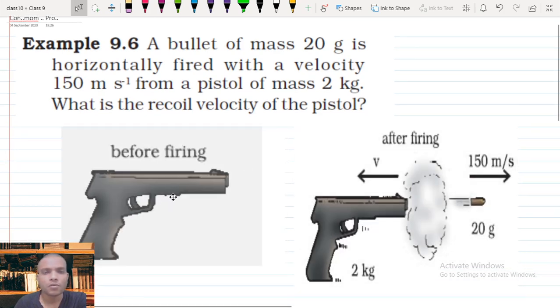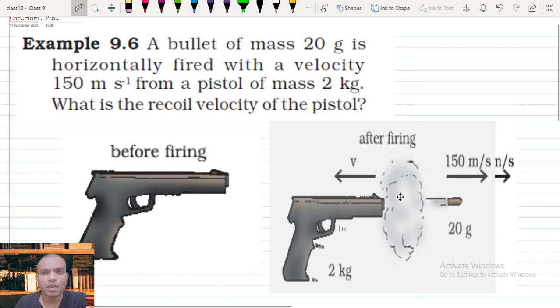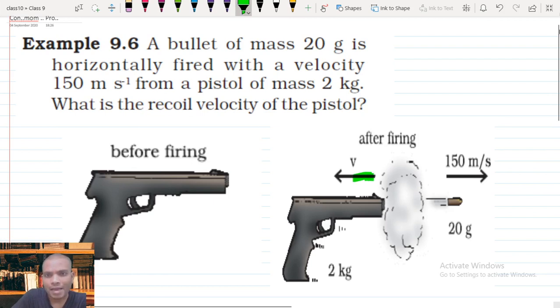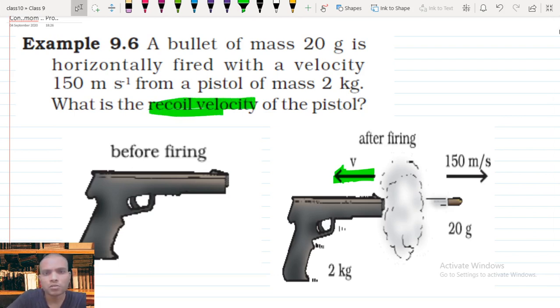Now, this is before firing and this is after firing. After firing, the pistol will move backward. So that velocity we know as recoil velocity. This is because of Newton's third law.